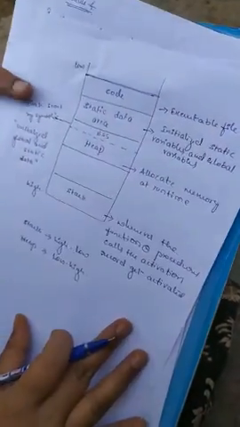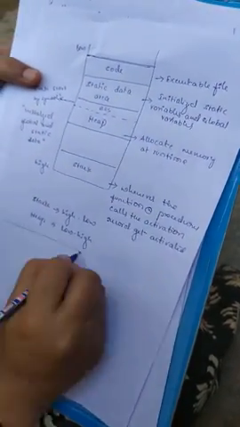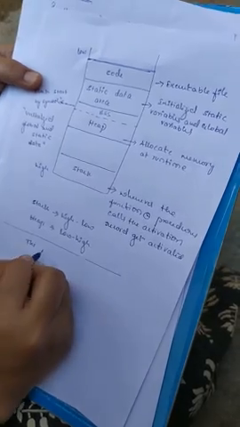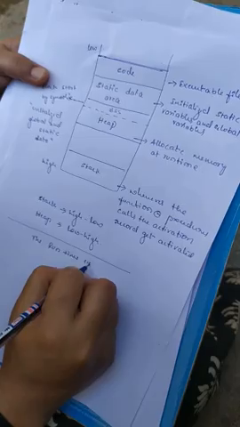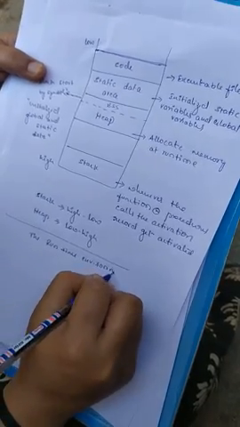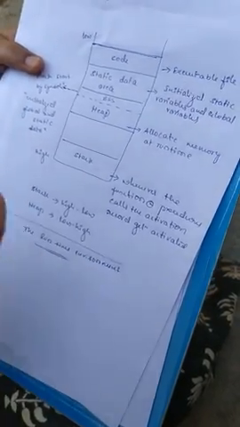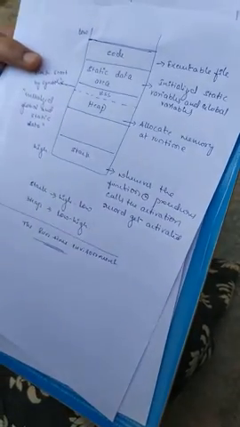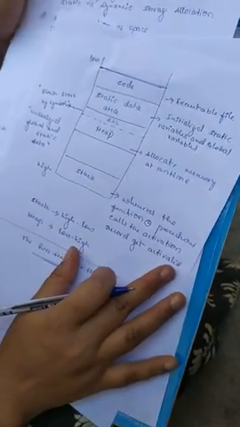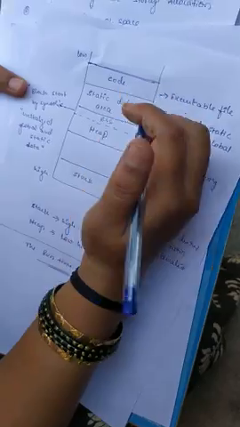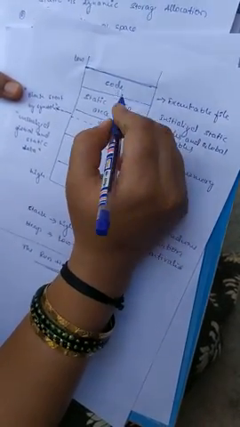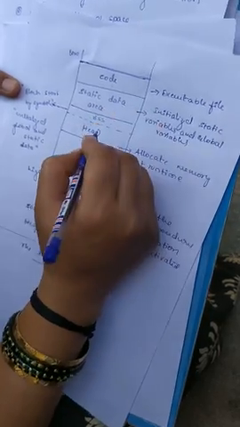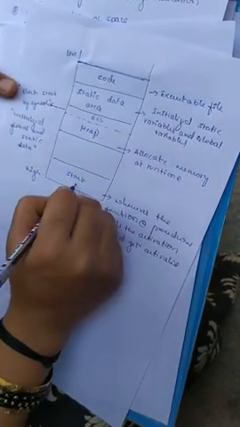For this runtime environment we have a structure. This whole structure is the runtime environment structure. So you can expect the question, explain the structure of the runtime environment or the runtime management. Is clear? When it comes to the structure, we have 4 different blocks. The first one is code, the second one is static data area, the third one is heap, and the fourth one is stack.